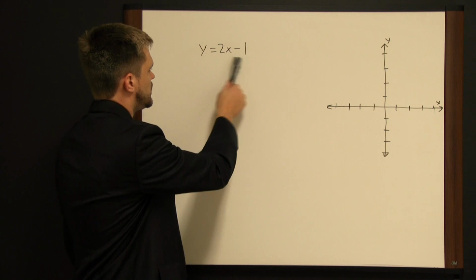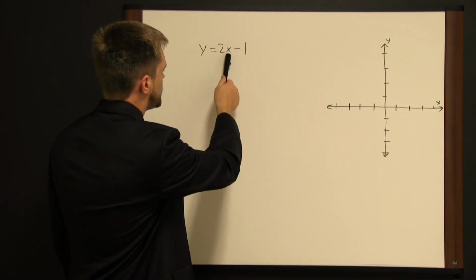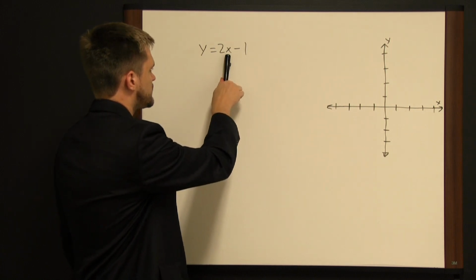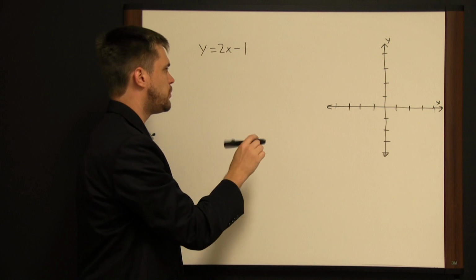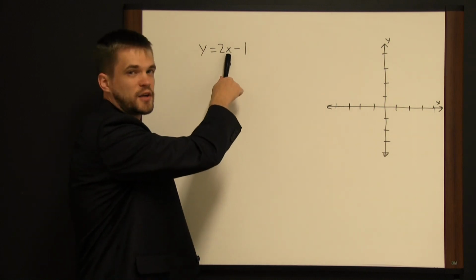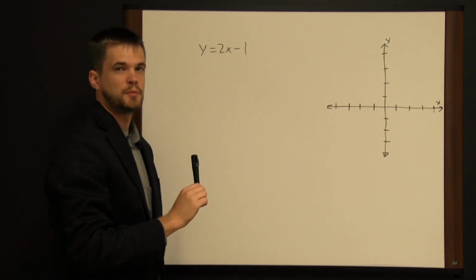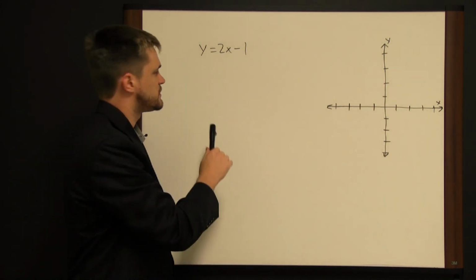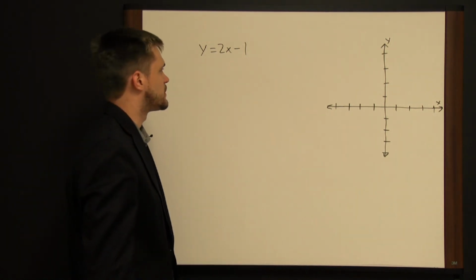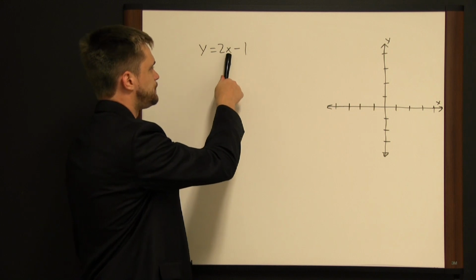So this equation can be graphed by substituting in a value of x and seeing what the resultant y value is and plotting that point, then plugging in a second value for x, getting a second y value and plotting that point. And because each line can be defined by 2 points, that will give us the line that represents this equation. So let's start out by plugging 0 in for x.